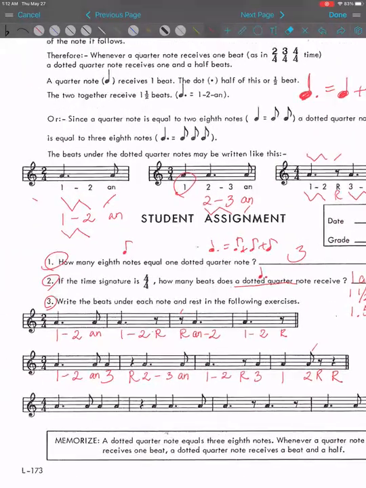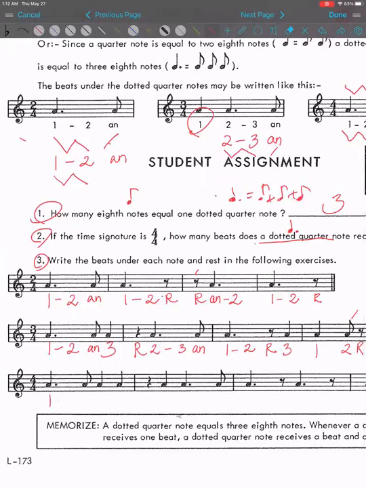Last one, 1 and 2 and 3, 4. Rest, and then second beat, third beat, but this starts on a quarter, so it's 3 and 4, and 1 and 2, rest.